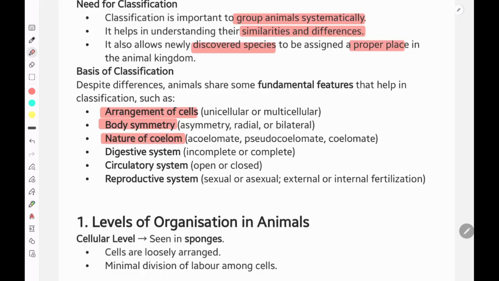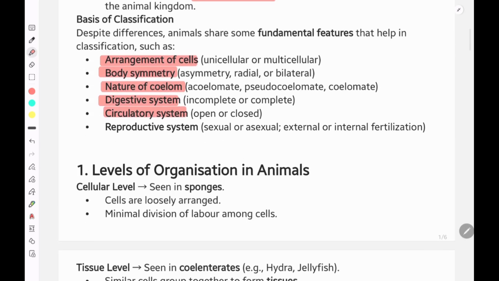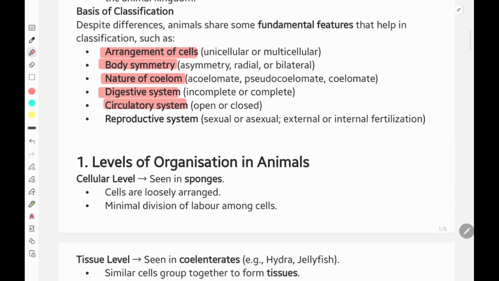The nature of the coelom, the body cavity. The digestive system: what kind of digestive system they have, either a complete or an incomplete digestive system. The circulatory system: is it open or closed? The reproductive system: whether they reproduce sexually or asexually.